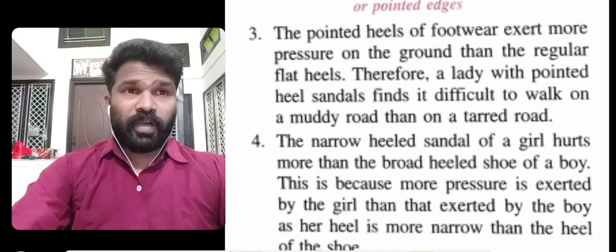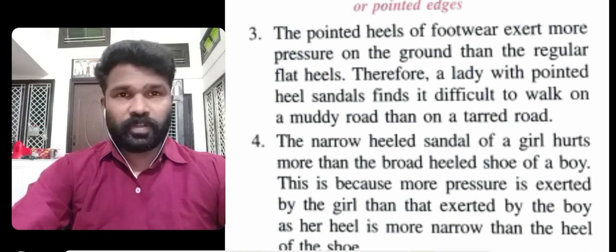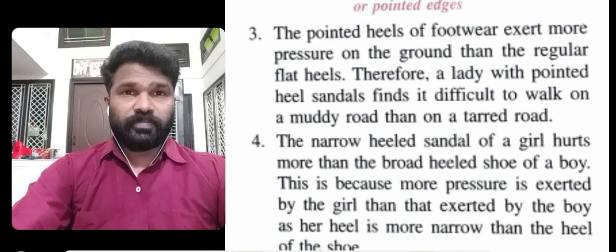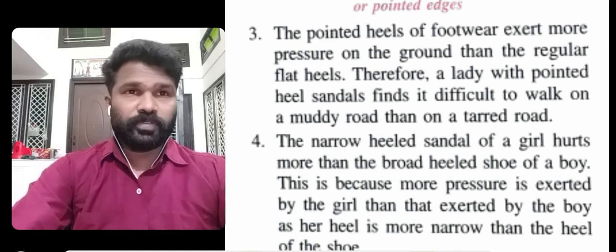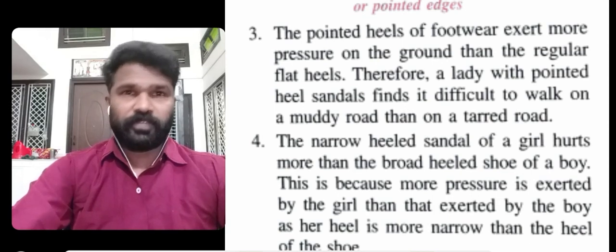Therefore a lady with pointed heel sandals finds it more difficult to walk on a muddy road than on a tarred road, because sometimes ladies have difficulty moving on a muddy road by wearing high pointed heeled chappals. That is because of this reason.